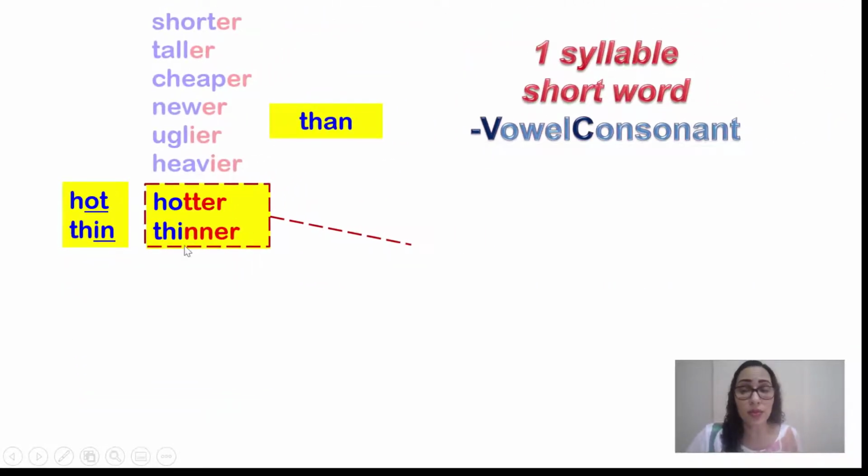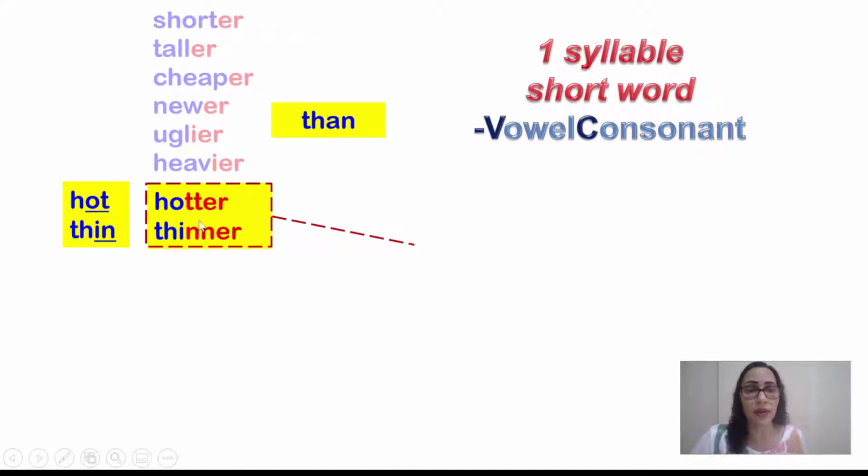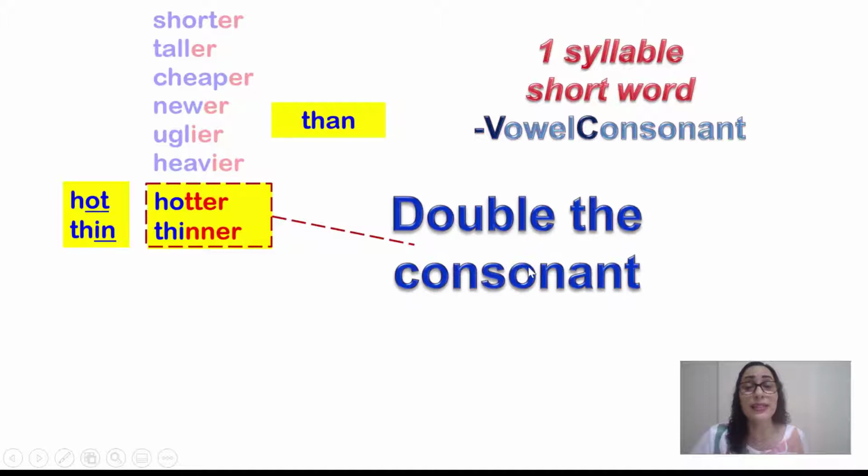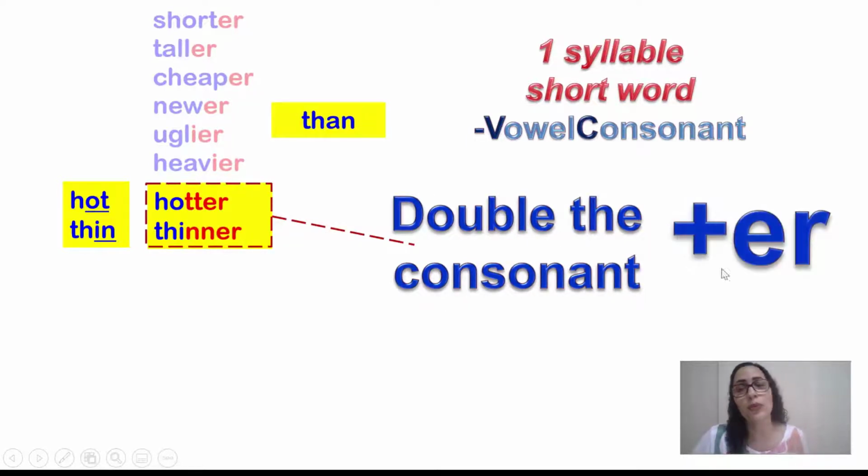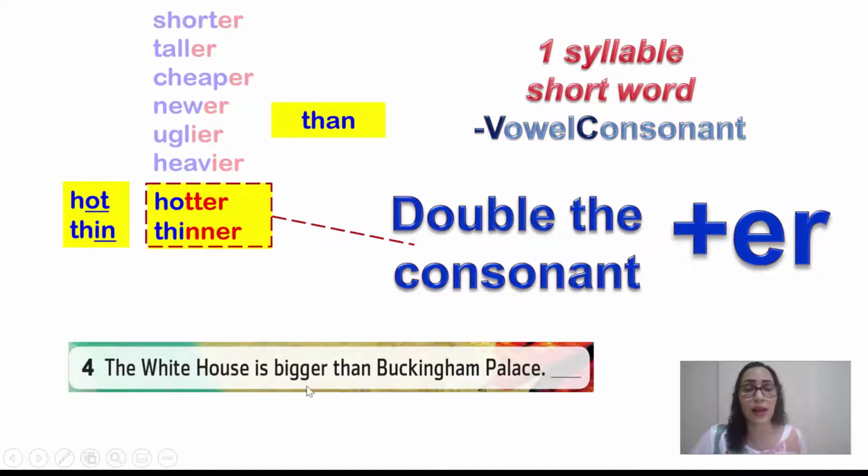And then what happens to the comparative? Hotter, thinner. Have you noticed? We double the last consonant, and then we include ER. There was an example in the text too. Look here. The White House is bigger than Buckingham Palace.